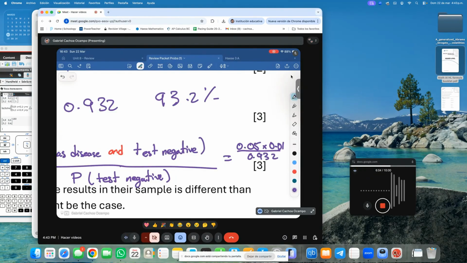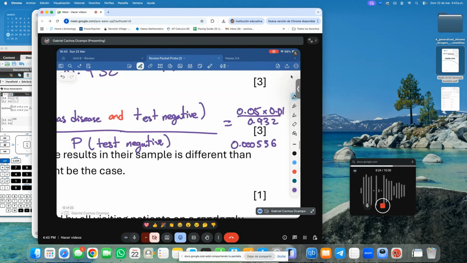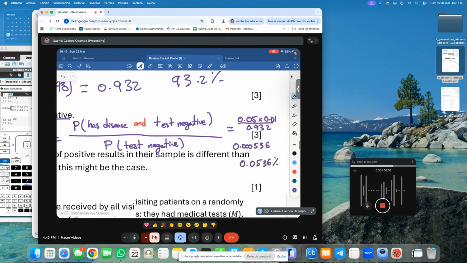And you do that calculation, and that is 0.000536. That is less than 0.05% probability. Well, that is 0.0536% probability.